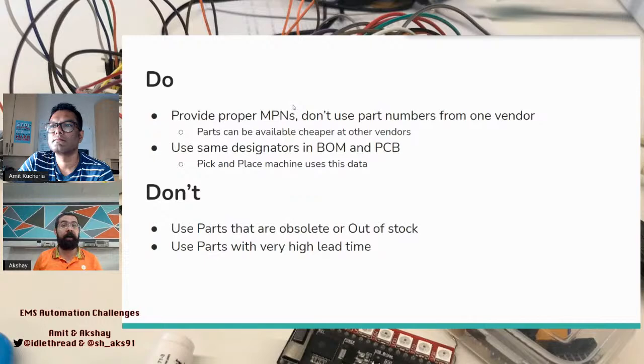You also don't want to use parts which have really high lead times. It's going to take really long for it to come from the factory to the assembler, and you're waiting on this one part for the whole board to be soldered, because you either run all or you don't run anything. When you have a pick and place machine running to place all your 200 components on a given board, you can't make it run for one component.